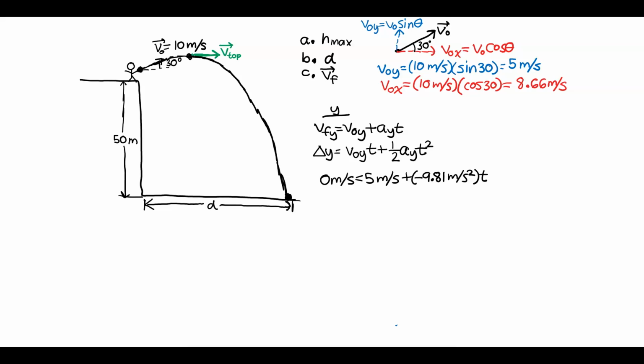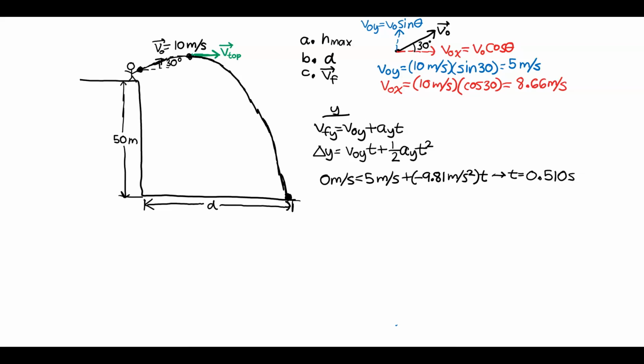And this should be a remedial equation to solve. Very remedial, so it should be super easy, I hope. So we just solve and divide by negative 9.81, because t is 0.51 seconds. Okay, so that's the time.